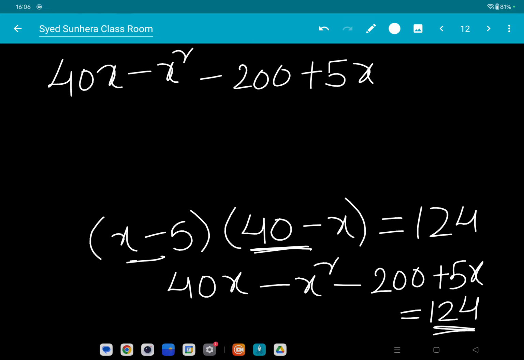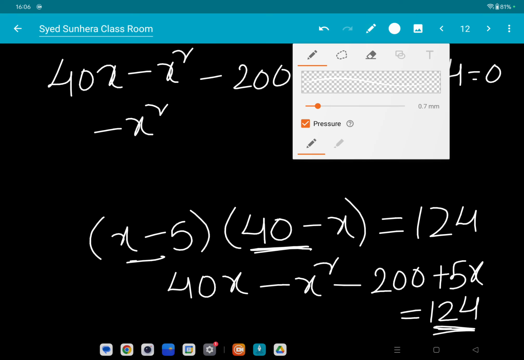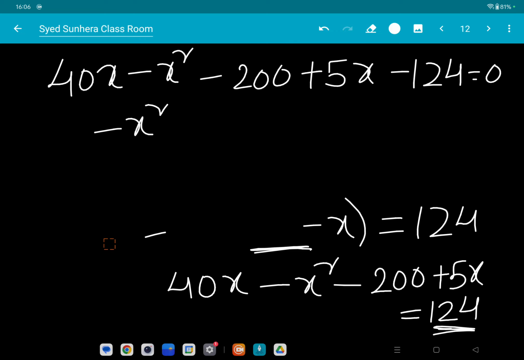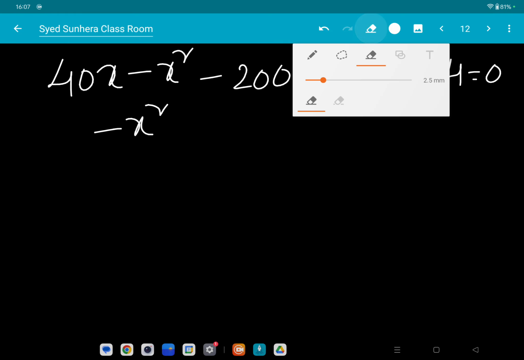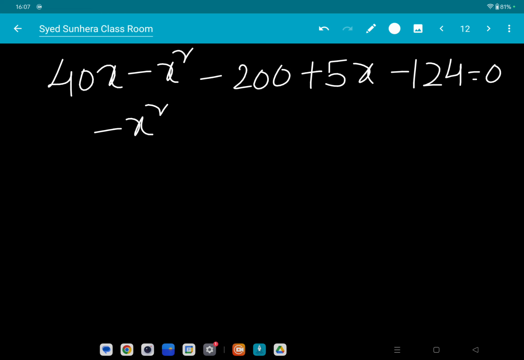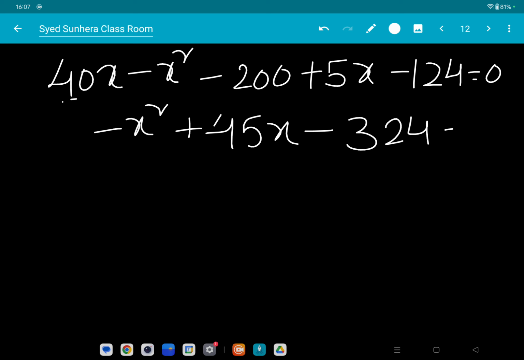If this 124 comes to this side, it will become minus 124 is equal to 0. So we can solve this as minus x square plus 45x, here 5x and here 40x, plus 45x minus 324 is equal to 0.